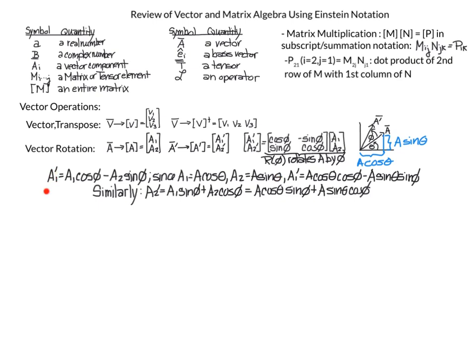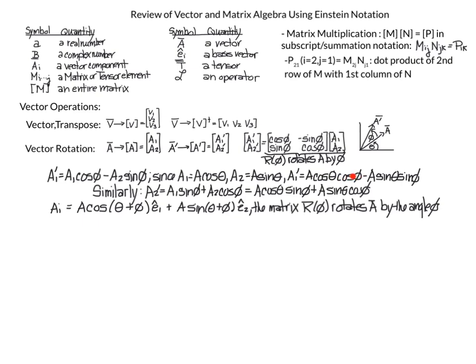Then a1 prime is equal to a1, which is a cosine theta, times cosine phi, minus a2, which is a sine of theta times sine of phi. Similarly, a2 prime is equal to a1 sine theta plus a2 cosine theta, which is a cosine phi sine theta plus a sine phi cosine theta.